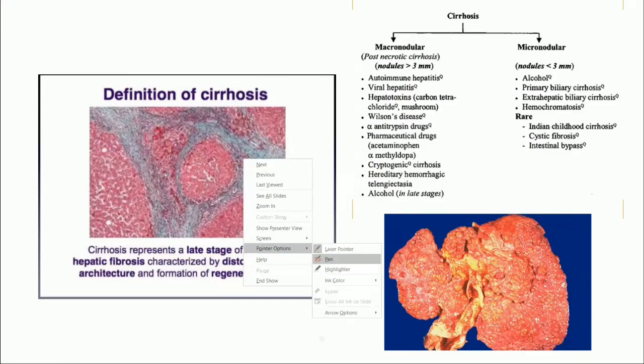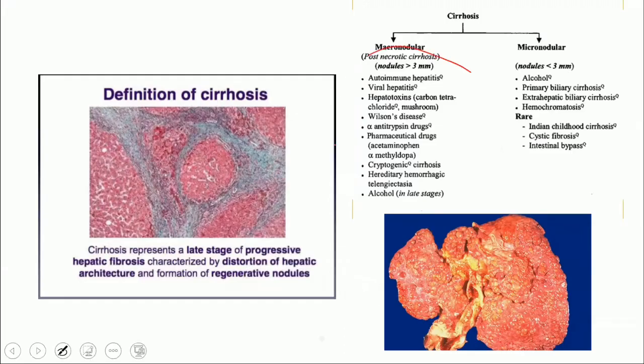And some etiologies cause macronodular cirrhosis. Some etiologies cause micronodular cirrhosis, right? Most of your infection-related, autoimmune, that sort of hepatitis causes a macronodular cirrhosis, whereas alcohol causes micronodular cirrhosis. So it's based on the nodule size, right?